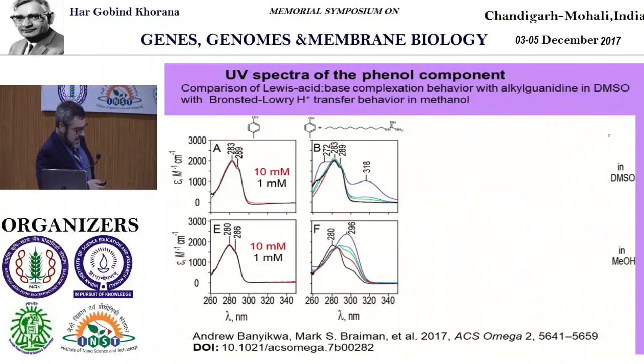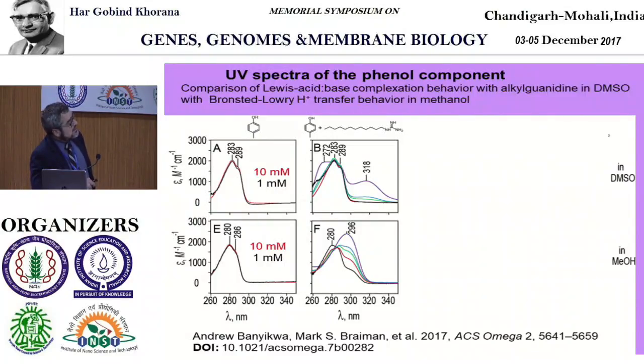Now when we start adding dodecyl guanidine free base to this in these solvents, in methanol, you see the formation of deprotonated cresol. This is much the same spectrum that you would see if you were titrating this with sodium methoxide. This band at 296 is a well-known characteristic band of phenolate.